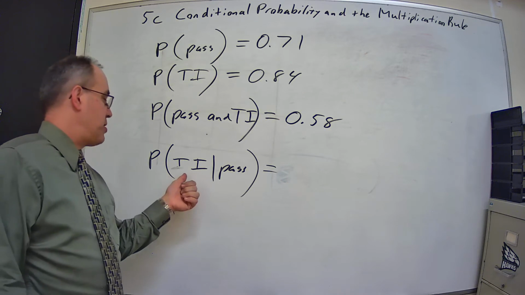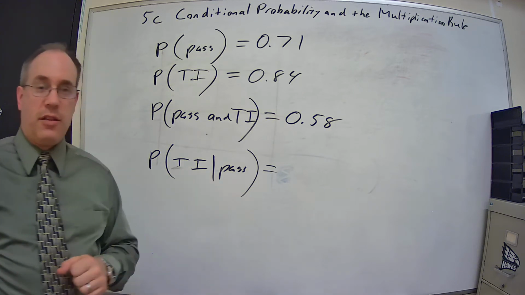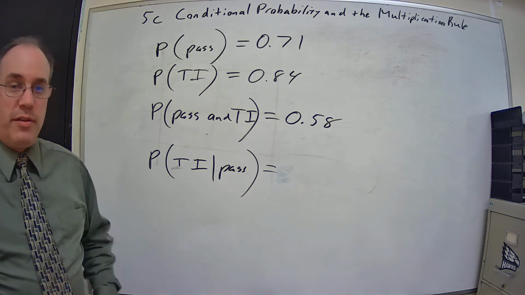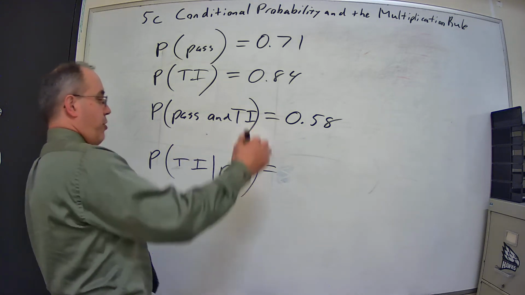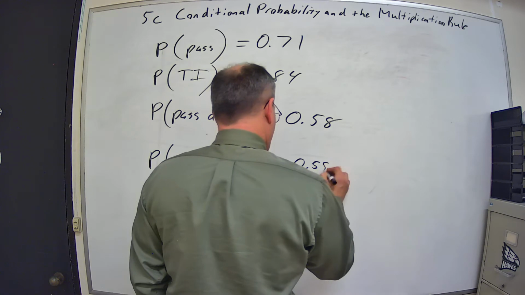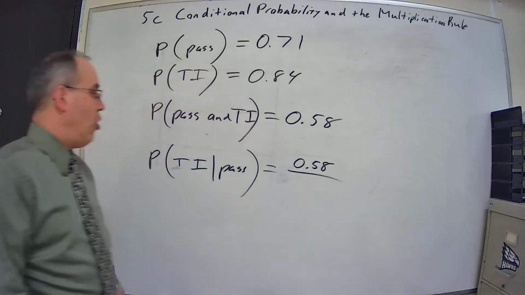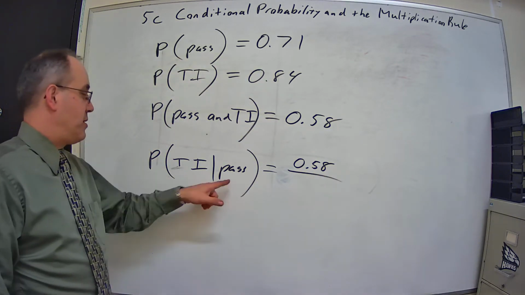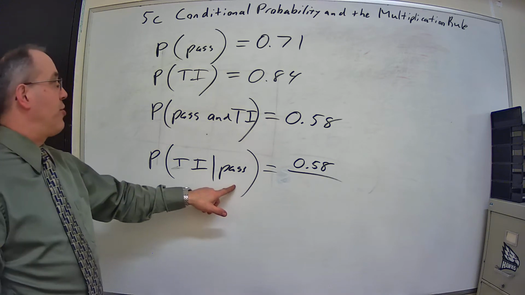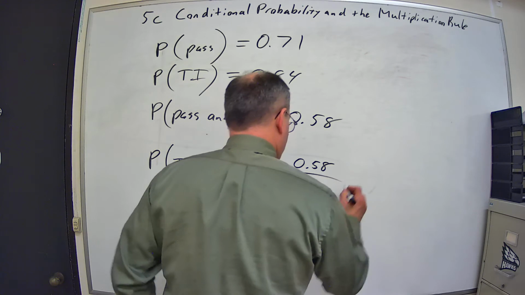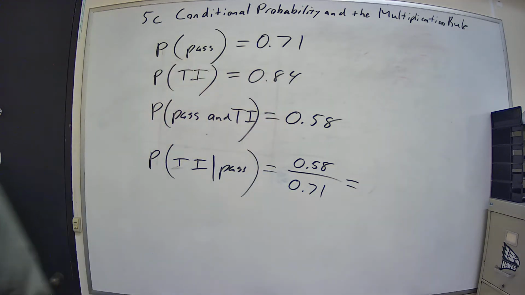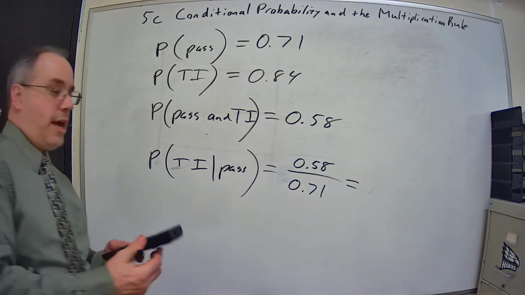What's the probability that someone has a TI calculator if they pass the class? So we're looking for the probability that both of these things occur, 0.58, over the probability that the given thing has occurred, which is passing, 0.71. Let me grab my calculator quick, which is not a TI.